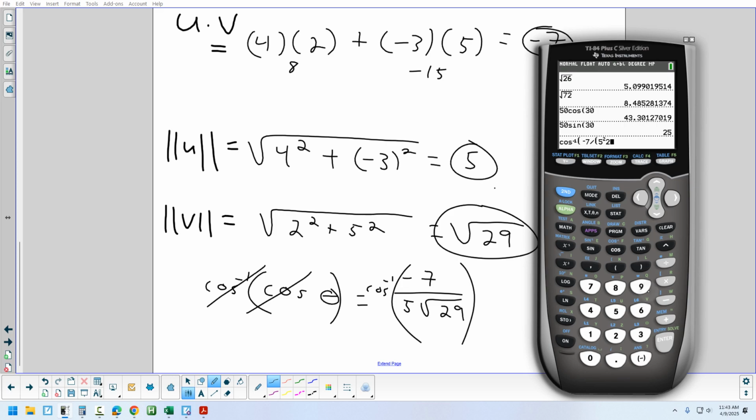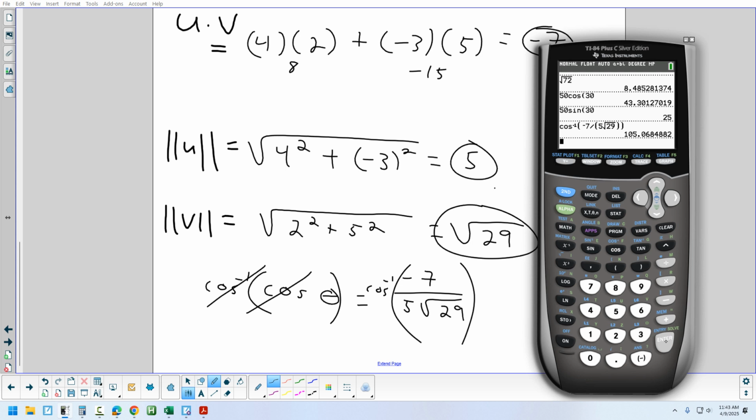If you don't, it will mess up. Or the person typing it could mess up too. Inverse cosine of -7 over 5 root 29.